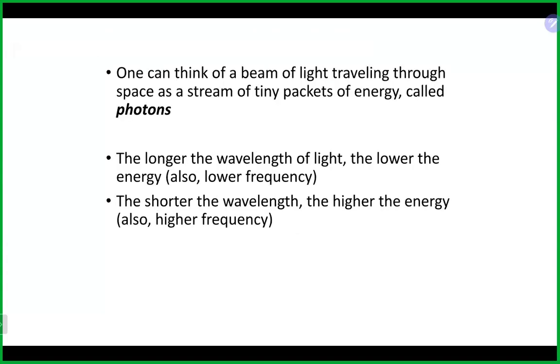One could think of a beam of light traveling through space as a stream of tiny packets of energy, which are called photons. There is a relationship between the wavelength and the energy of that wave.